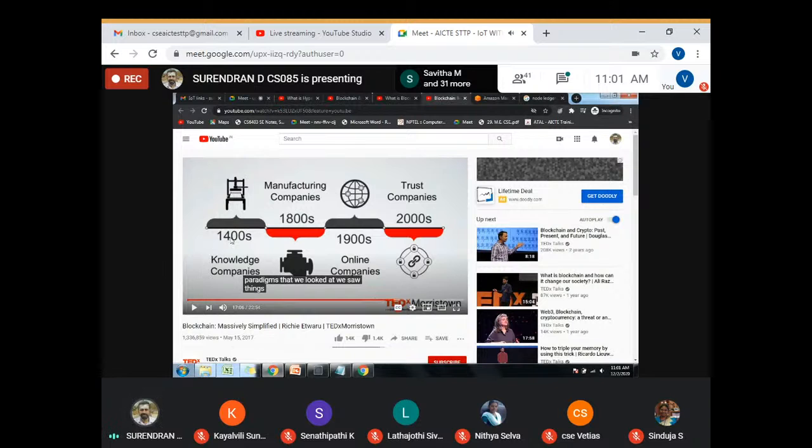Here you have knowledge companies with the printing press, with the IC engines. There are manufacturing companies, or motors, which filled the power gap, and online companies, the internet, websites and e-commerce models, that have minimized the distance gap, and Bitcoin, like blockchain, is going to bridge the trust gap.